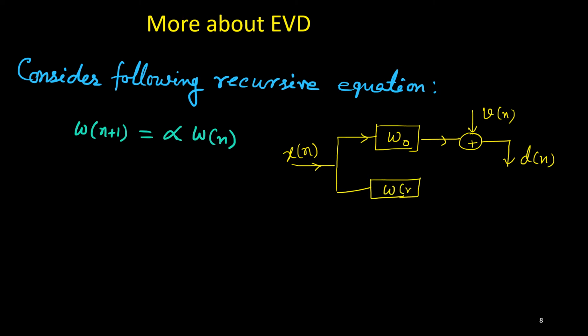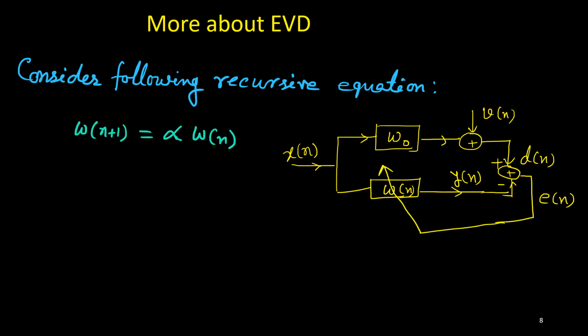Suppose I'll consider it w(n). Okay, this output we will call y(n). Then these two will be compared. This is plus, this is minus, and then that difference is the error signal e(n). Using this error signal, we'll be tuning this w(n). So generally, this w(n) will take this kind of update rule, that w(n+1) equals w(n) plus some correction term.